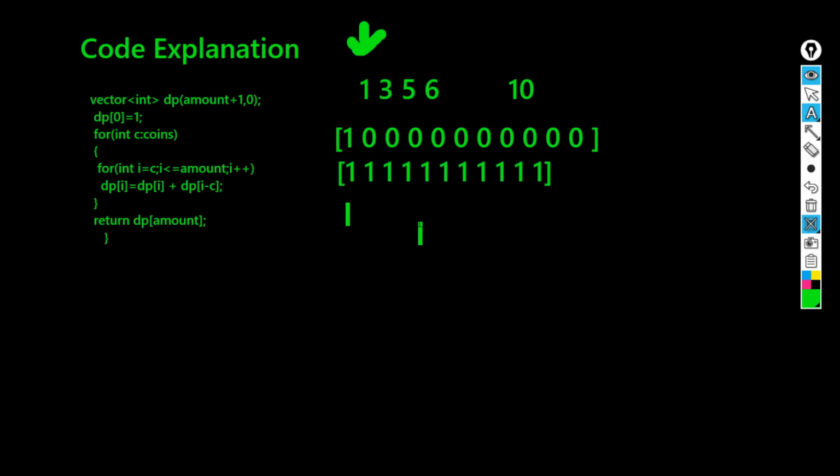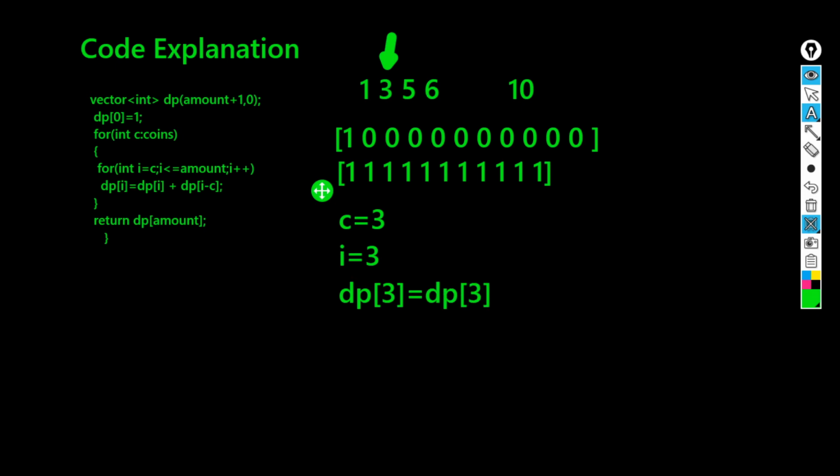Now this is at the first iteration. After the second, now the pointer will come on 3, so we will use 3 as c. Now c equals 3, and i is also equal to 3 at the start. So dp[3] = dp[3] + dp[0].